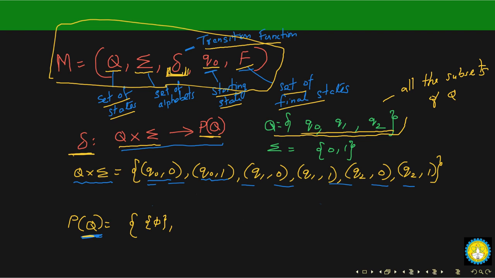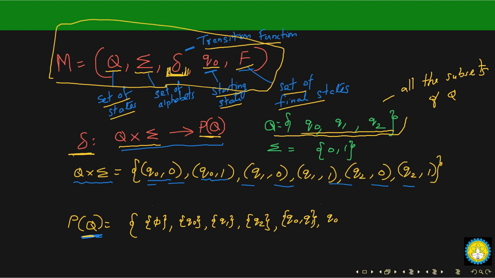And then we will write single element sets. That is, we have Q0, Q1. Since all of these are subsets, I am writing everything in brackets. Now let me write the two element subsets. It is possible to have Q0, Q1. That's one possibility.